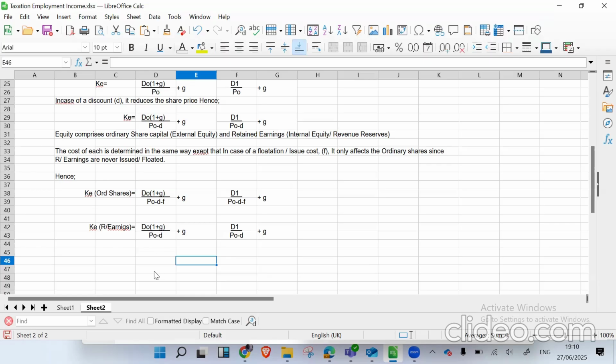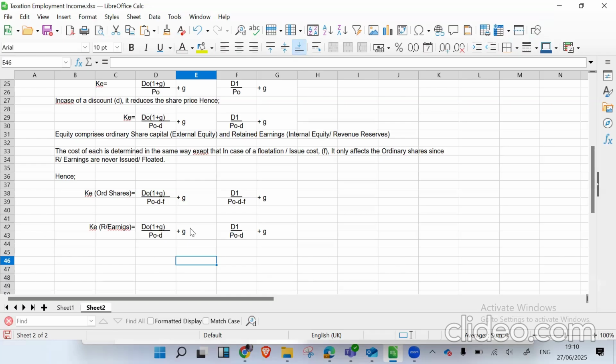If kama ilikupita in our previous class, you can just be documenting. Of course, DO is the most current dividend or the dividends just paid. Then D1 is next year's expected dividends. Of course, G is the dividend growth rate.